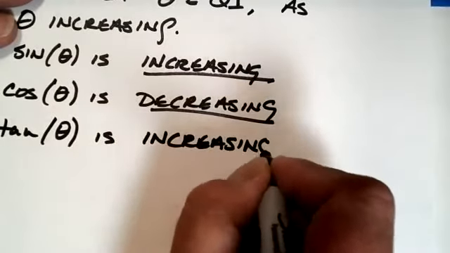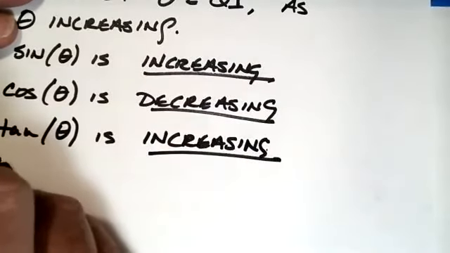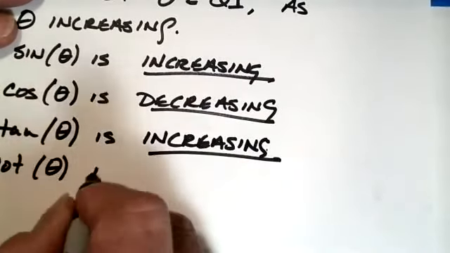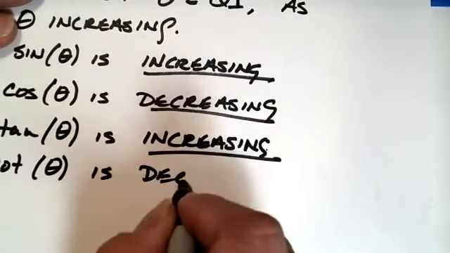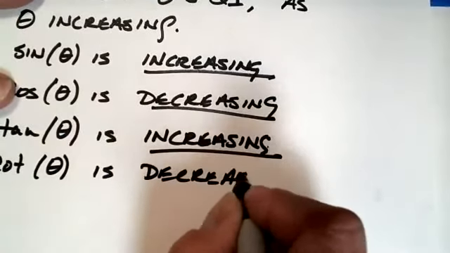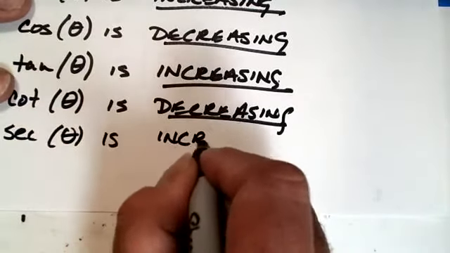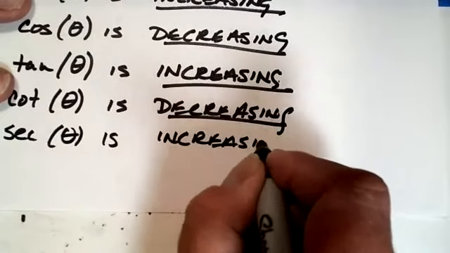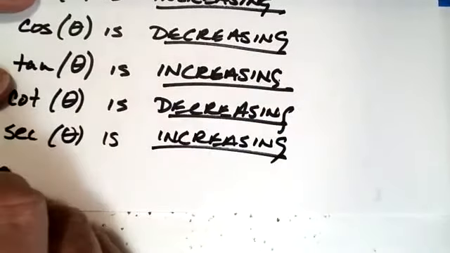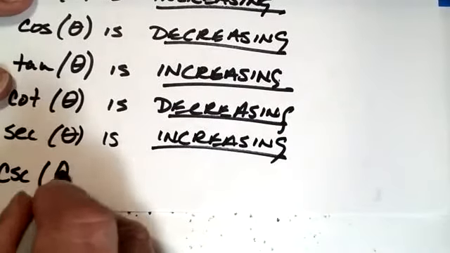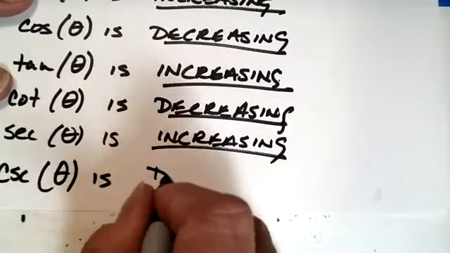And so its reciprocal function, cotangent, is decreasing. Secant is increasing. And cosecant is decreasing.